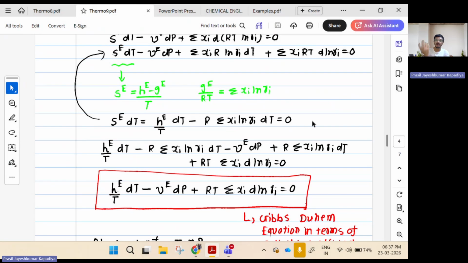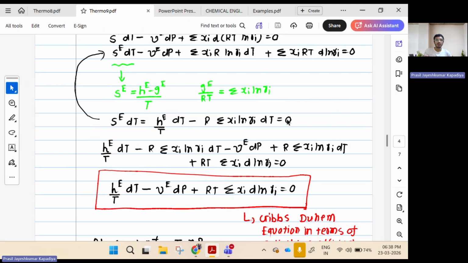I'm just multiplying with dT. So what can I replace now? SE dT, I can replace it with this term, HE by T dT. I should not write down 0 here. It should be just this term: SE dT is equal to HE by T dT minus R summation of Xi ln gamma i dT.